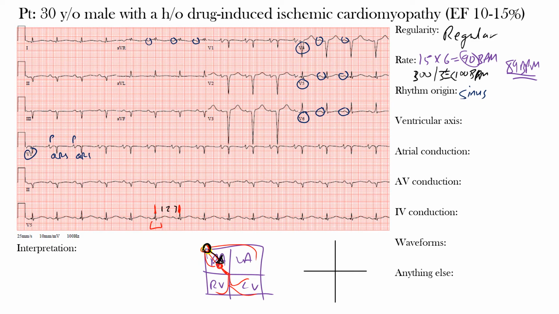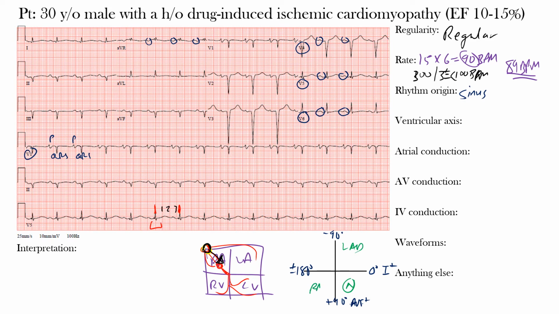So first, let's look at our quadrant system. This is 0 degrees, where the positive end of lead 1 sits. This is positive 90 degrees, where the positive end of AVF is. And then we have plus or minus 180 degrees and negative 90 degrees. And now normal axis lies in this quadrant. Leftward axis here.